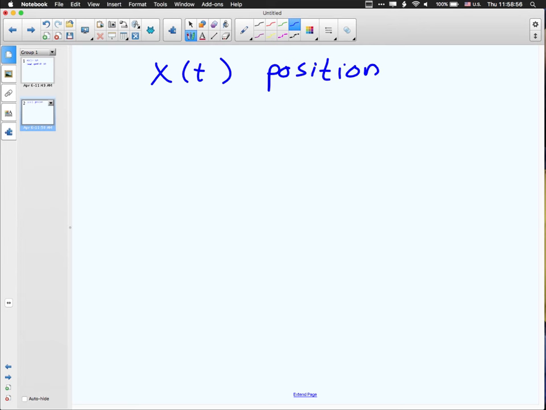Right, x of t is like your position, where you are. Your position: you give me the time, I can tell you where you are, x of t. How do I find the velocity or the speed? x prime of t. Yes, x prime.